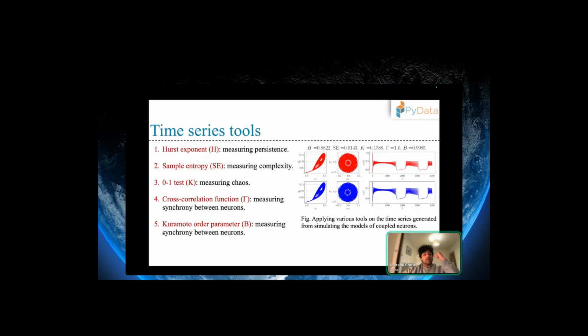And then there is another parameter called the Kuramoto order parameter, after the Japanese scientist Kuramoto. It also measures the synchrony between two neurons, however not in Euclidean space but in phase space. But it pretty much does the same thing.